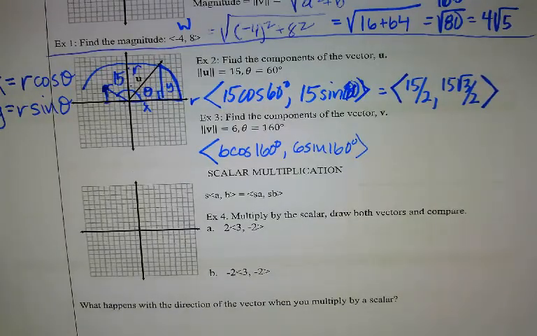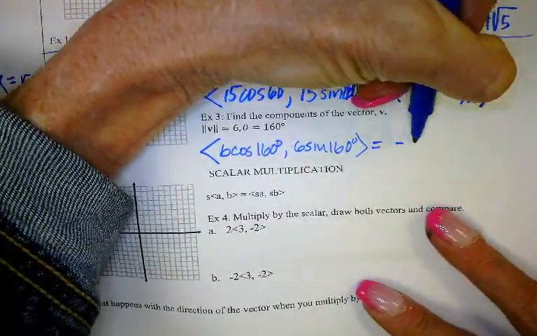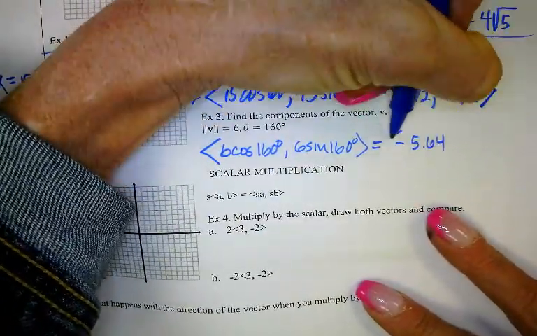And you would just probably round to the nearest hundred. So I got my x component to be like negative 5.64, which is good because that's what I anticipated it should be, negative.